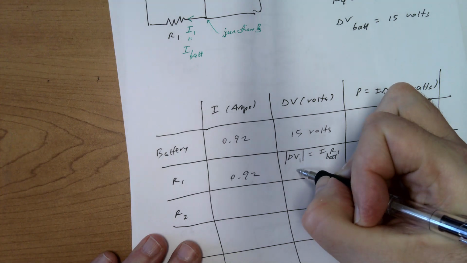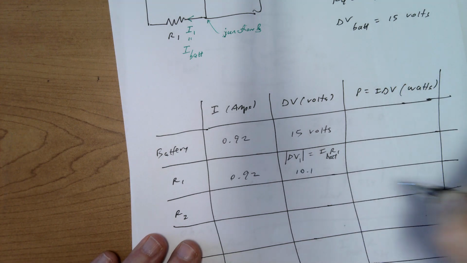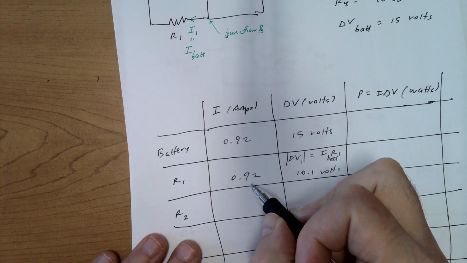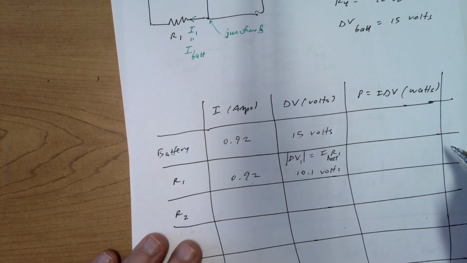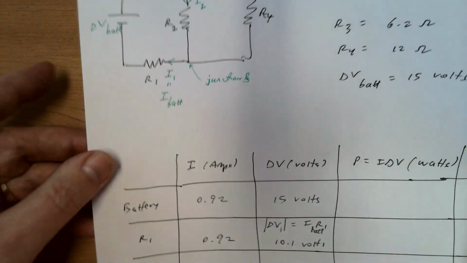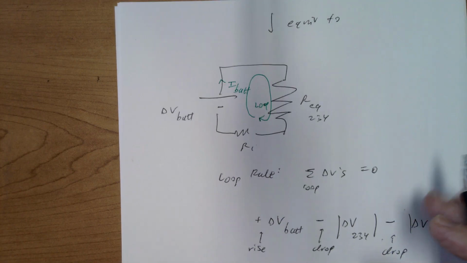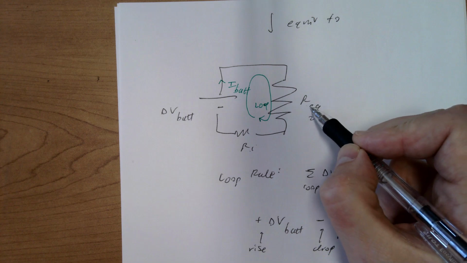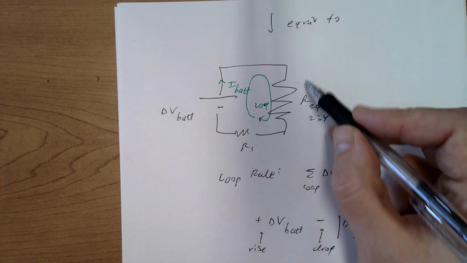It comes out to be 10.1 volts. Alright, if I sub in my delta V and I put in R1. R1 is known to be 11 ohms. Alright, so now, knowing that voltage difference allows me to find the voltage difference across this equivalent resistor.